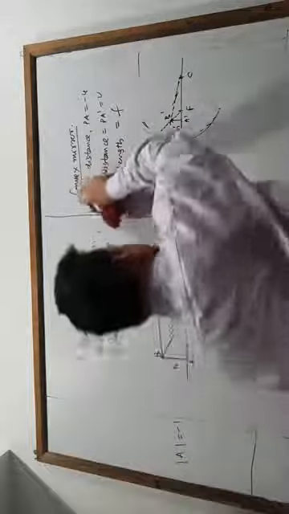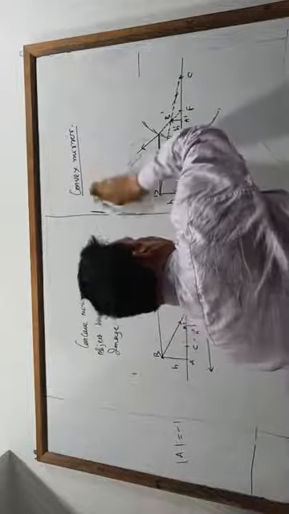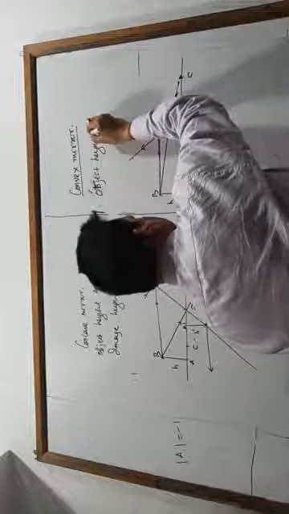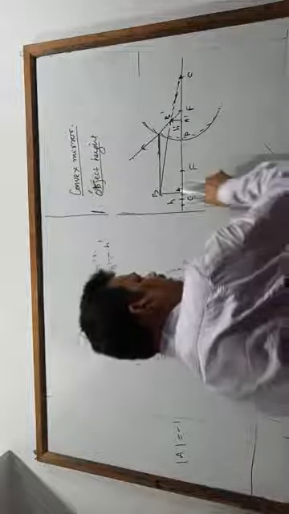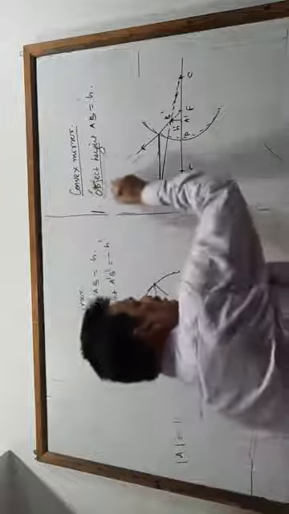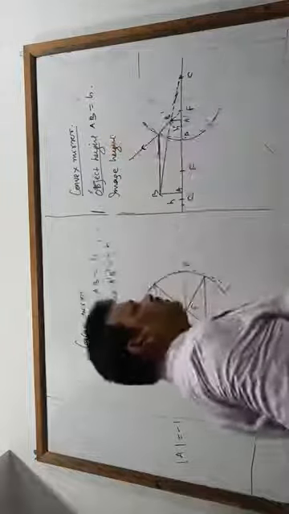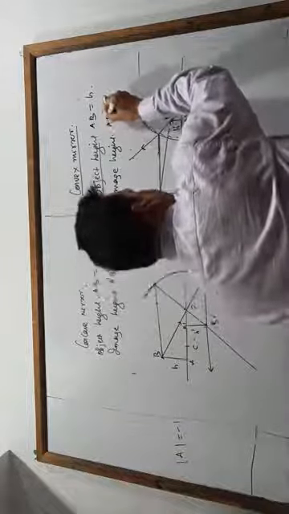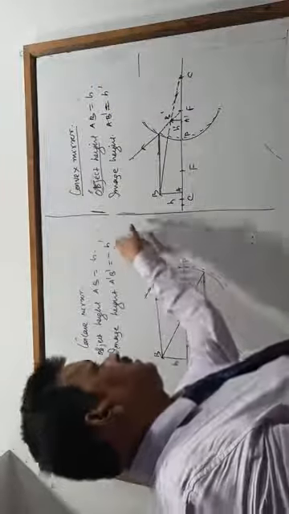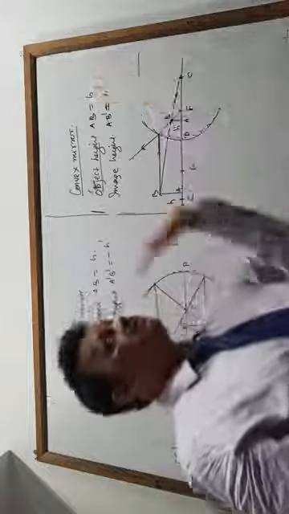Convex mirror, object height, that is AB, erect, so plus H. Image height, A dash B dash, this is also erect, so plus. So here it is minus, here it is plus. Okay, these are the sign conventions you have to remember before you start solving the problem.